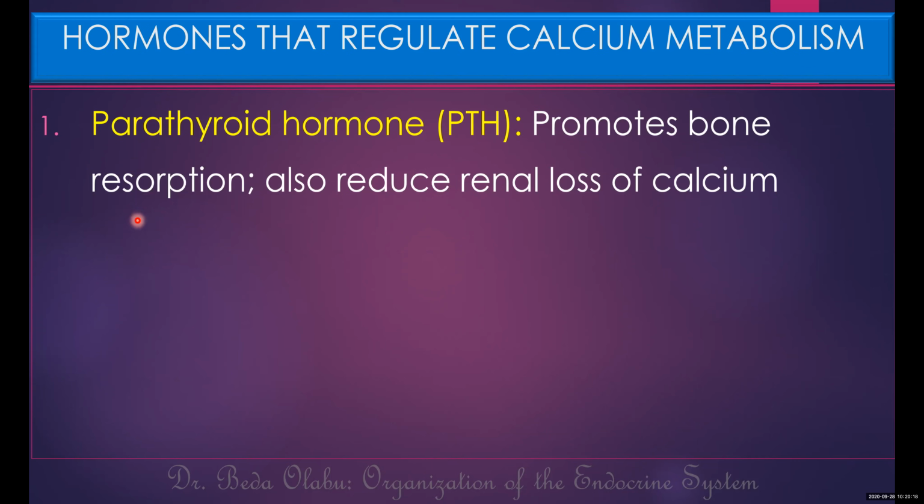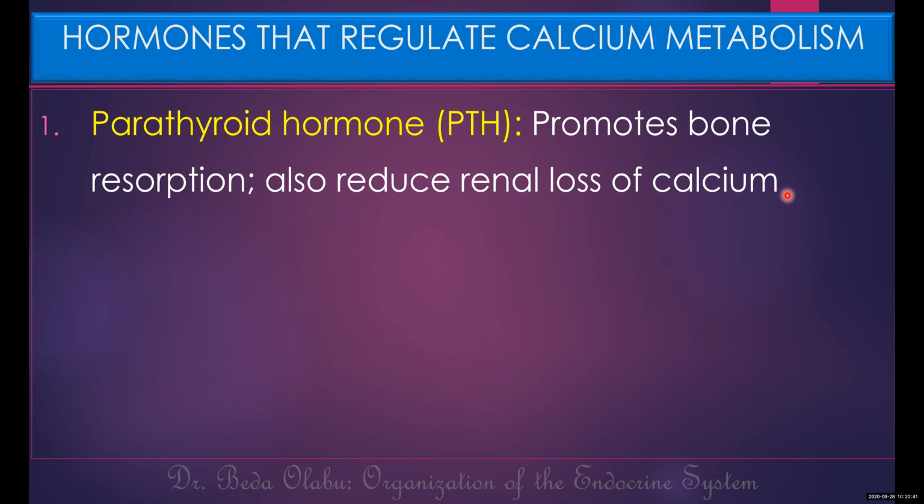It's the same intention by the mechanism of reducing the loss of calcium in urine. PTH reduces loss of calcium in urine, which means that calcium is retained by the kidneys.